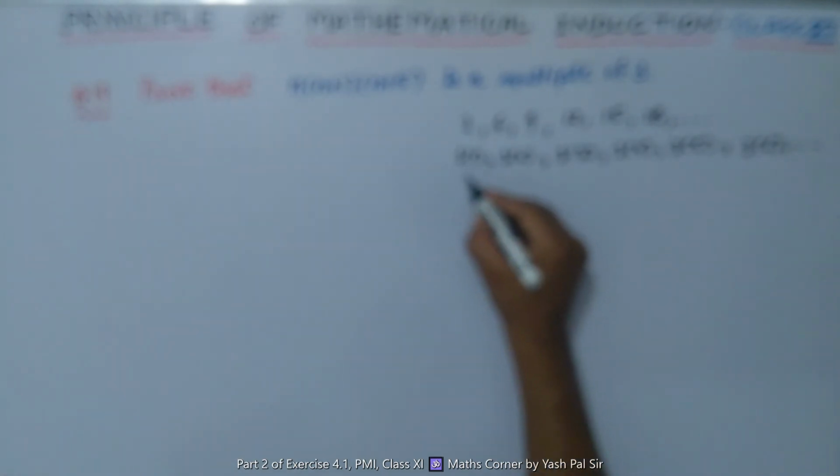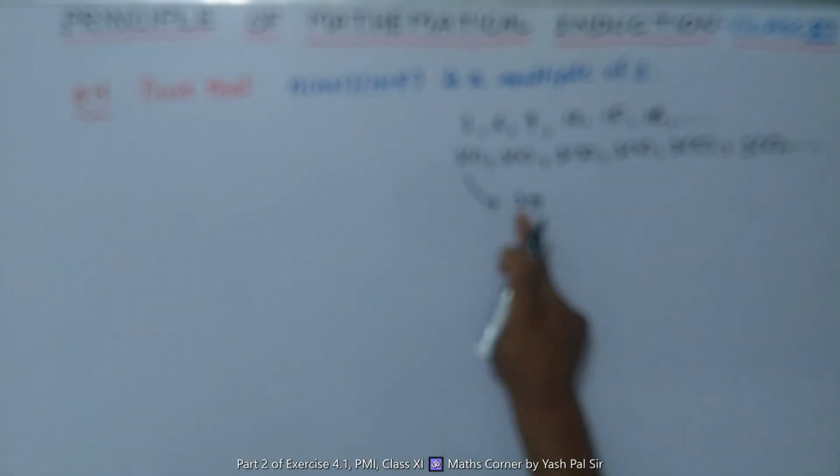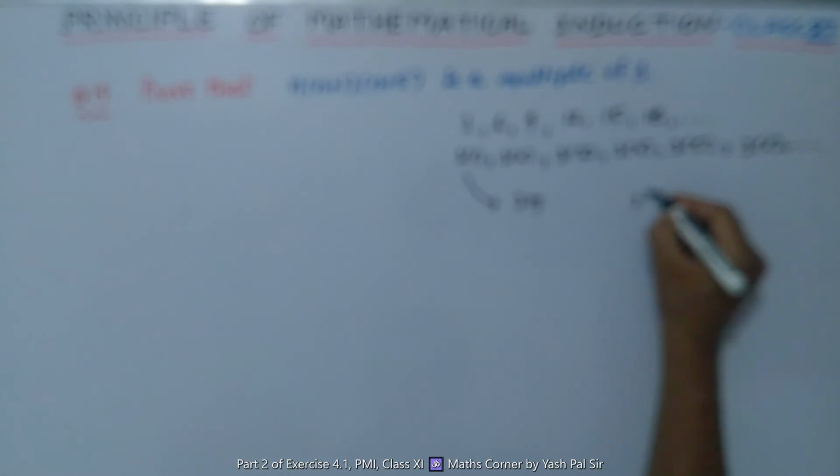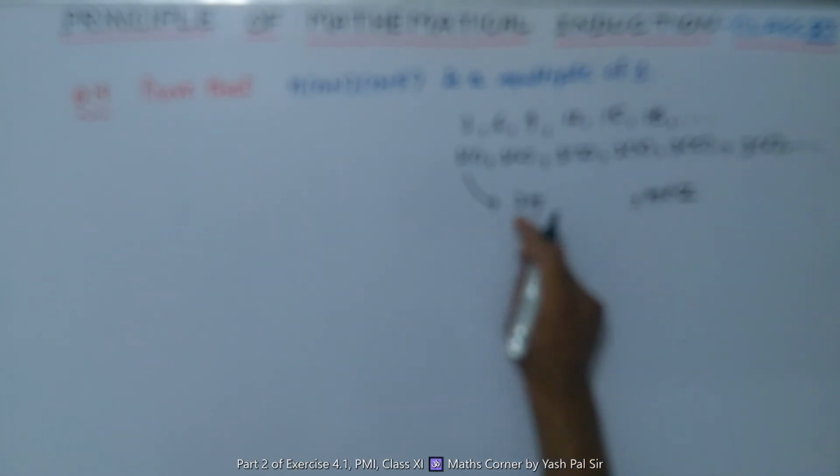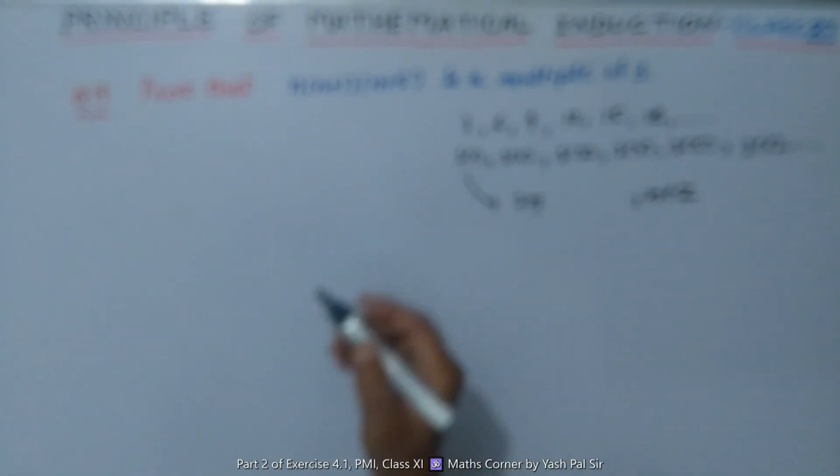So the conclusion is, if we say m is any integer, then 3 into m is a multiple of 3. So accordingly, now we are going to prove the question.